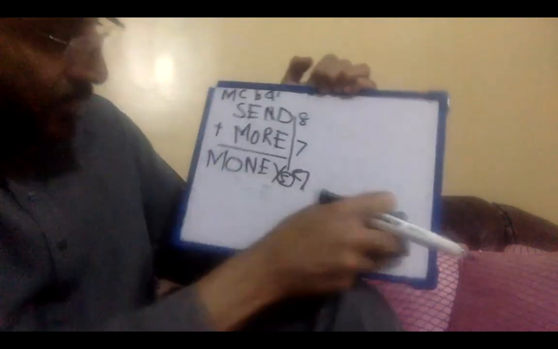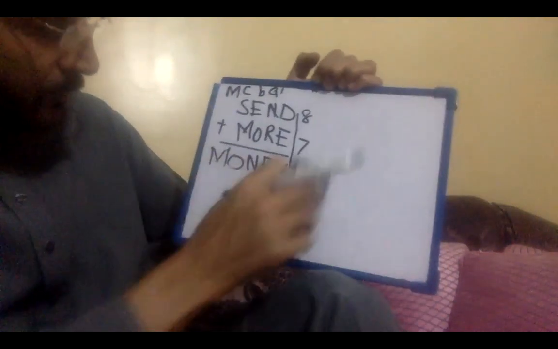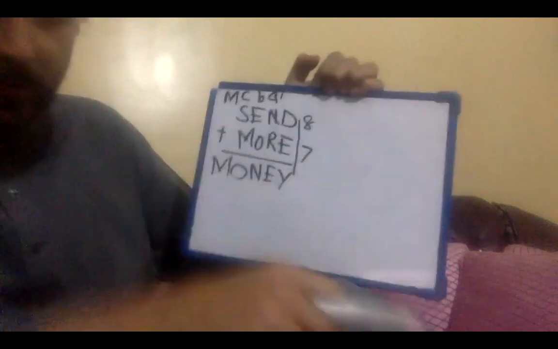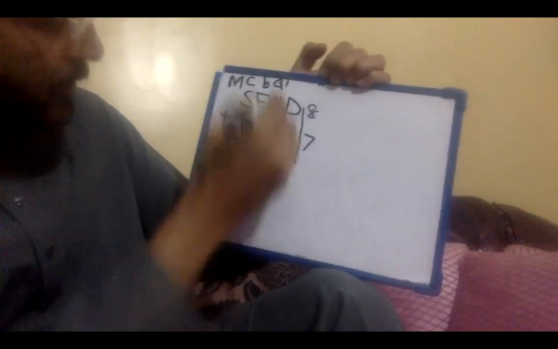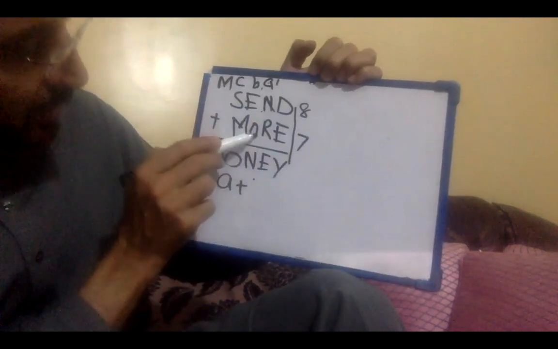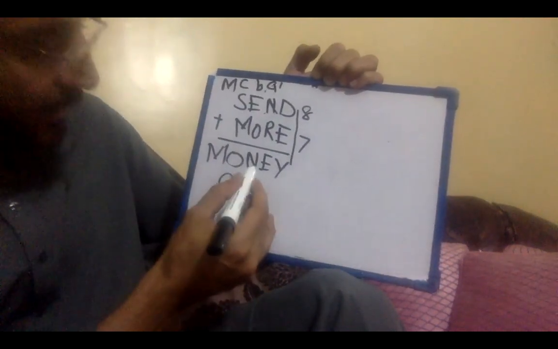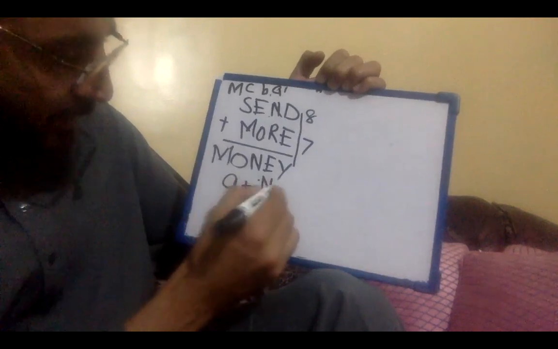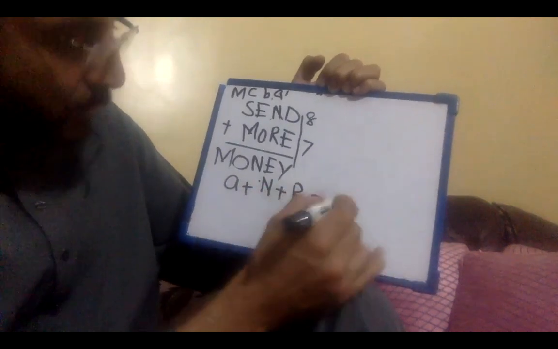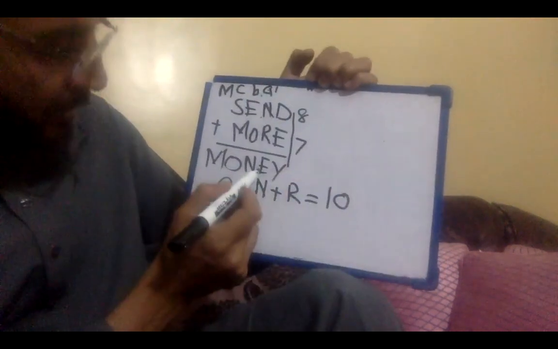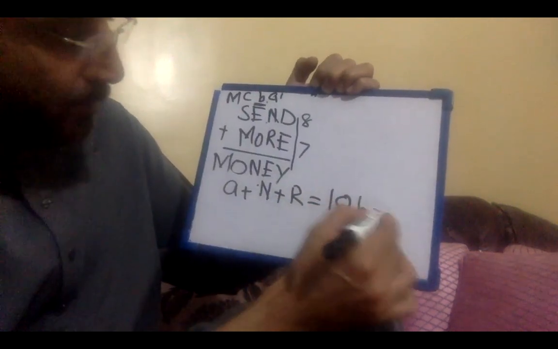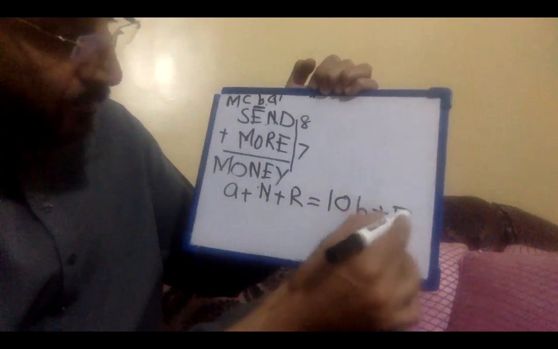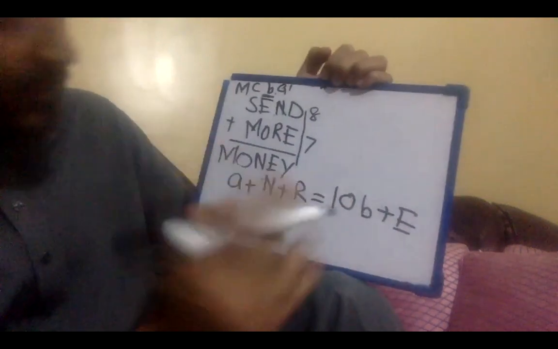Similar is the case here. For example, now A plus N plus R is equal to 10E plus E. A plus N plus R is equal to 10, and the next carry 10B plus this one E. And now I hope you will understand.